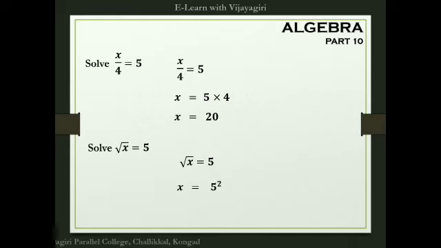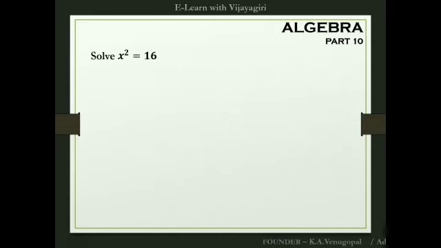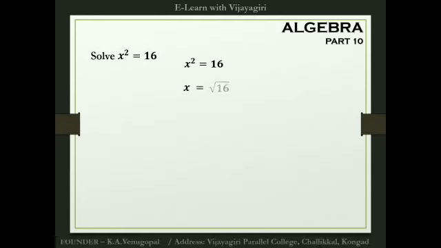So x will be equal to 5 squared, and 5 squared is 25. Solve x squared = 16. Square, when going to the other side, becomes square root. So x will be equal to root 16, and root 16 is plus or minus 4.